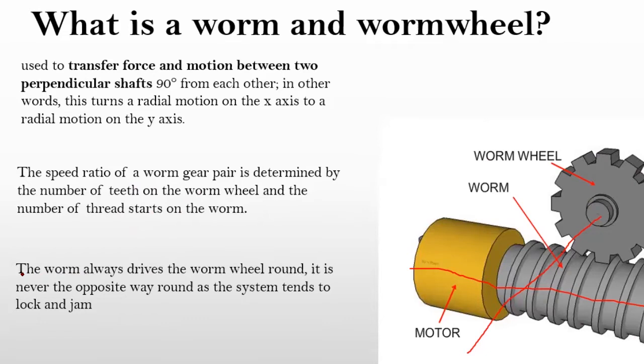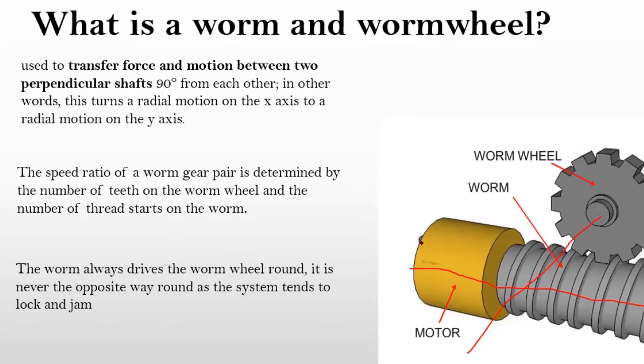The major advantage of the worm wheel drive over the bevel gear drive is that it never works the opposite way. It cannot perform in reverse; it only performs in one direction. So it can be a self-locking mechanism, no? It can prevent reverse motion. That is the special feature of the worm drive over the bevel gear drive, because it only allows motion in one direction.